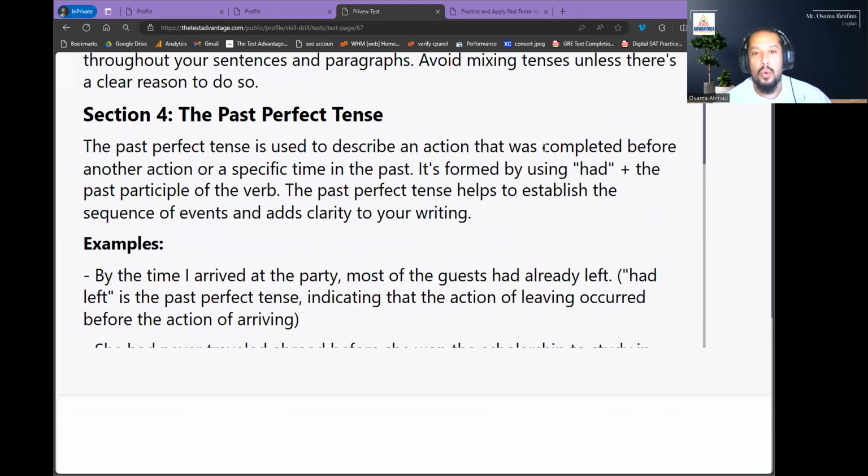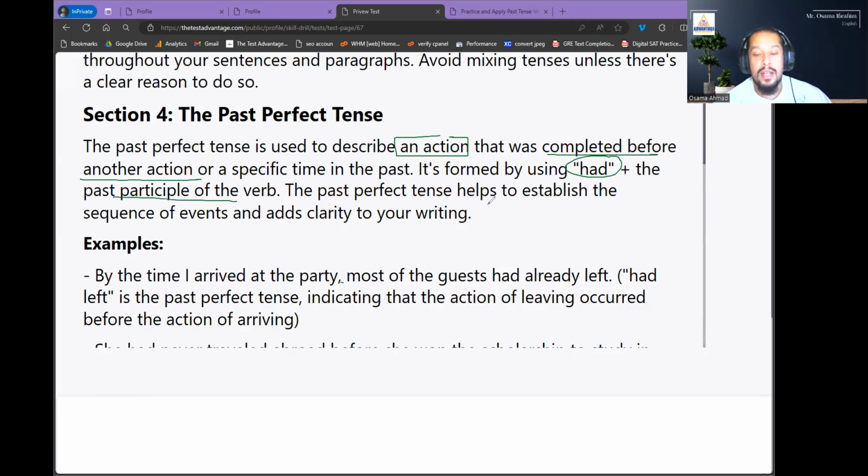Past perfect. Ooh, this one really confuses students. Past perfect tense is used to describe an action that was completed before another action or a specific time in the past. It is formed using had plus the past participle of the verb.